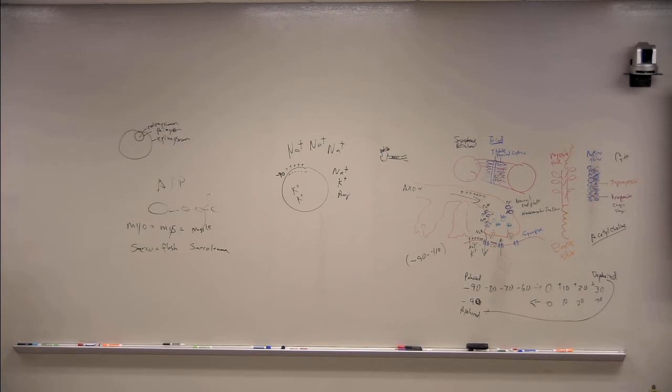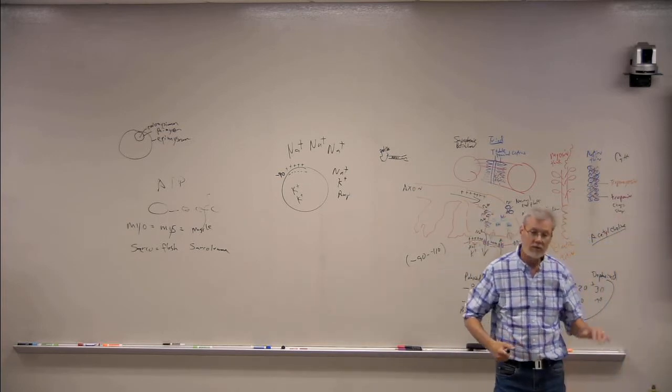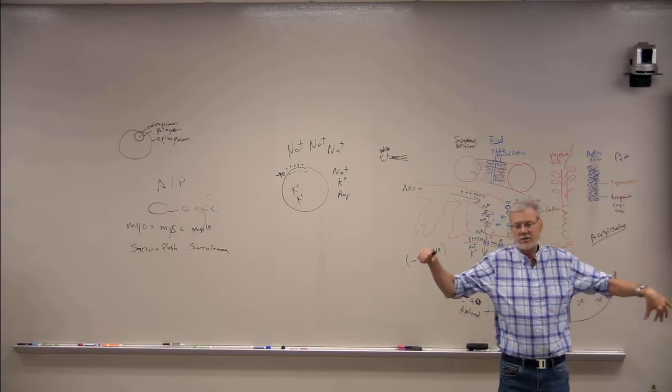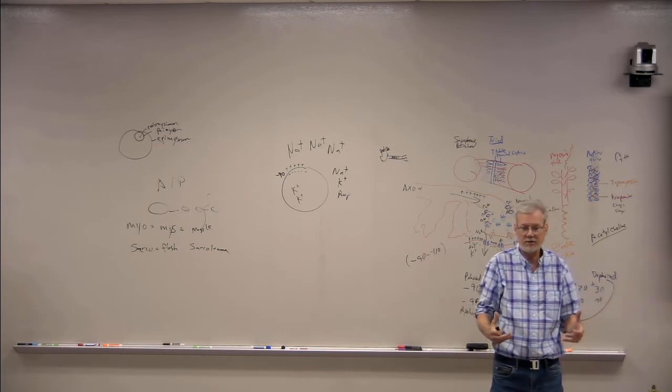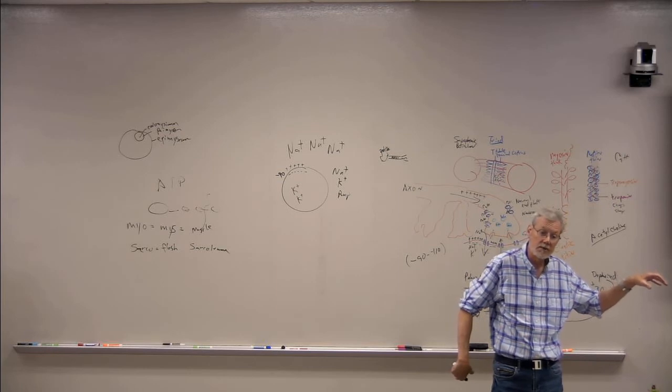So you don't get a separation. So you get really stiff as a board, right? That usually happens within 3 or 4 hours. Yes? And you've seen pictures of people in odd positions, right? And you can pick them up and they're stiff as a board. Yes? And that's called rigor mortis.